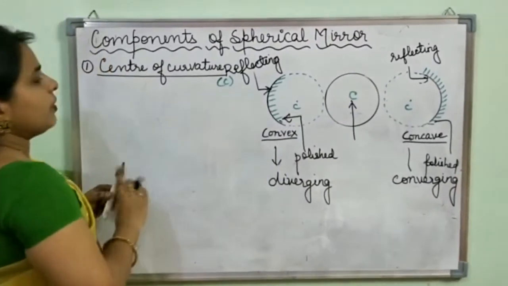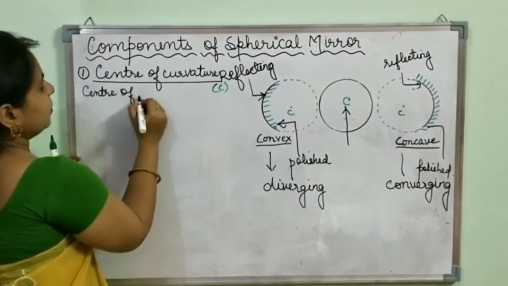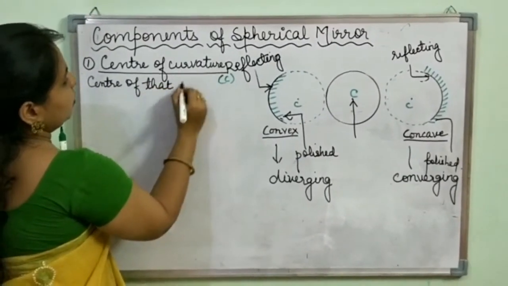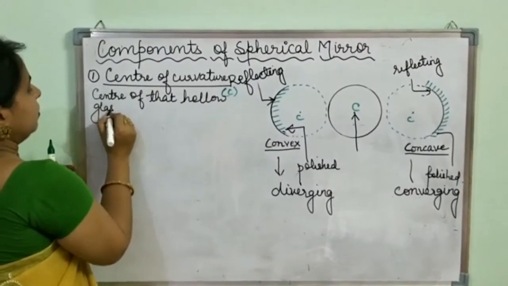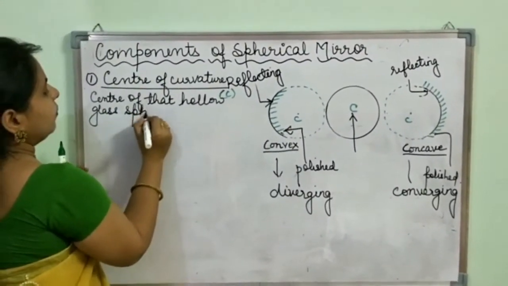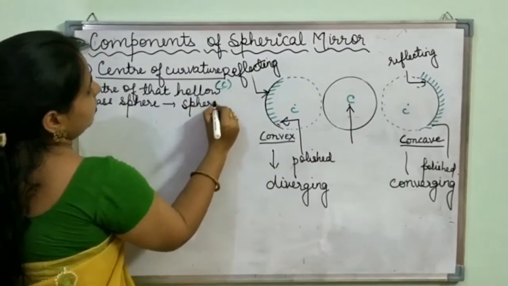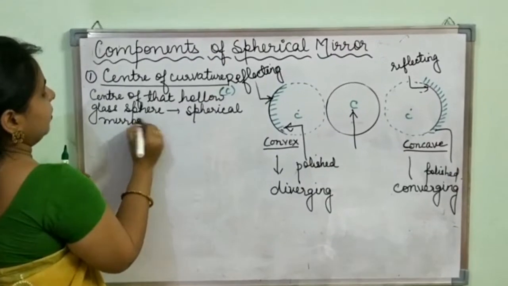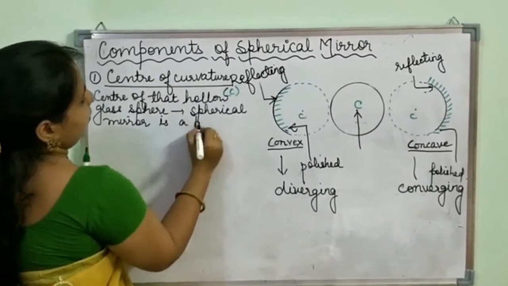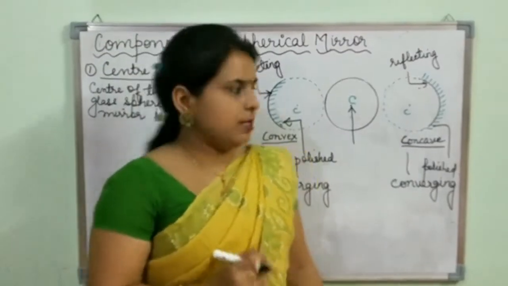So the center of curvature is the center of that hollow glass sphere of which the spherical mirror is a part, and it is represented by capital C.